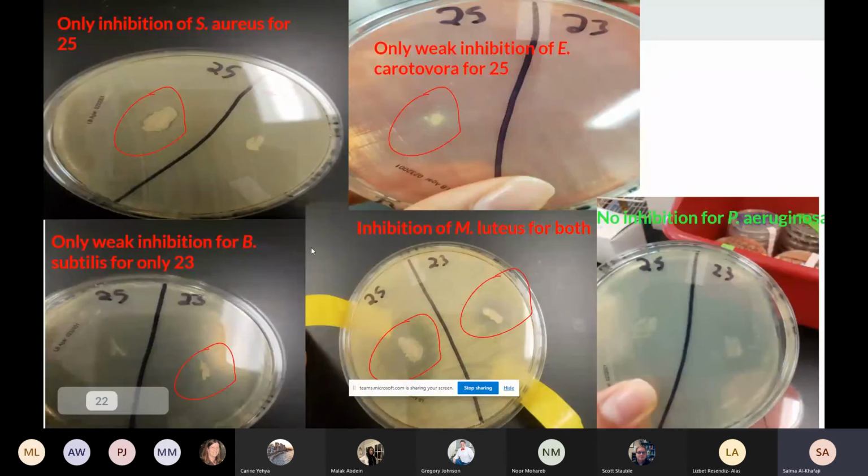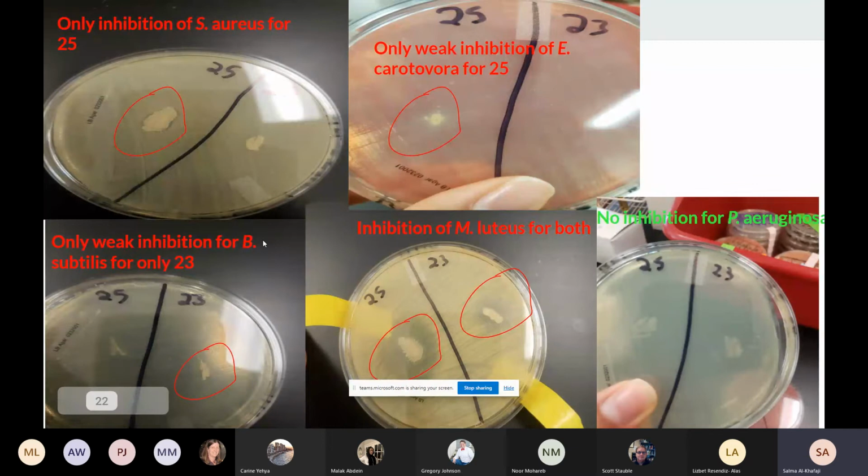And here's a picture. So I circled the ones that did have some inhibition. So for this one, Staph aureus, you could see 25 has a little bit of an inhibition zone. And then for E. carnivora, 25 has a weak inhibition zone, but I feel like with the camera you can't really see it that well. And then 23 didn't have any inhibition.